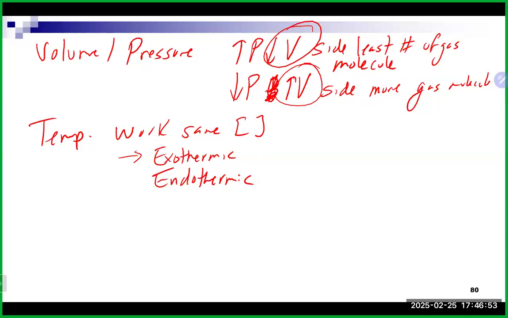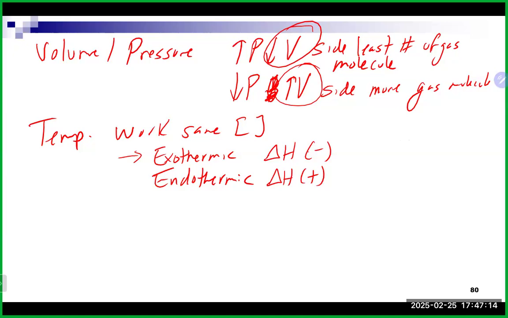Most of the time, the way that is represented to you is with the delta H, which is the change in enthalpy value. If that is a negative value, it really doesn't matter the number, but if the sign's negative, it will be exothermic. And if the delta H is a positive number, it will be an endothermic reaction.